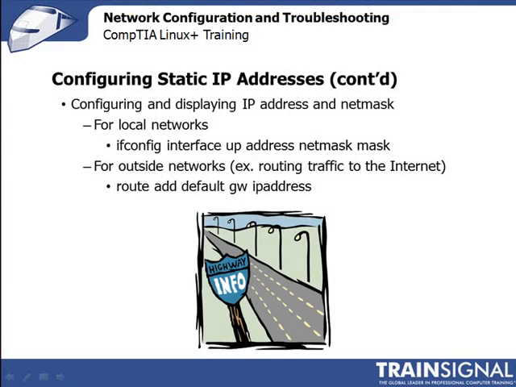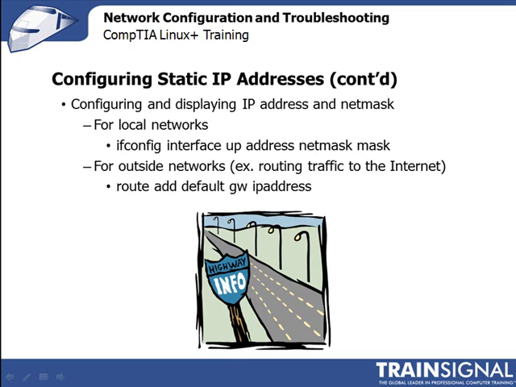The ifconfig command can be used to configure IP addresses and net mask settings, and can also be used to display your current settings. The command syntax is ifconfig space interface space up followed by the address space netmask followed by the actual network mask.